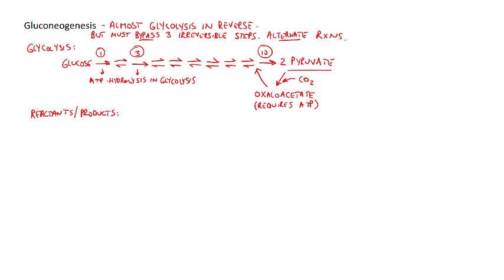That's why we had to do all this oxidative phosphorylation in order to power the synthesis of ATP. So what ends up happening at these steps is that we do not have ATP synthesis in gluconeogenesis.